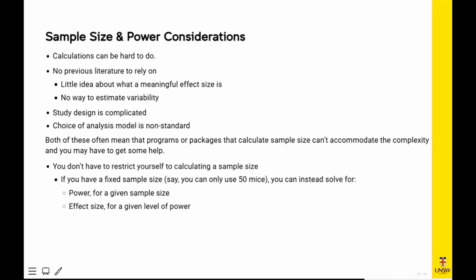You start with the sample size: what level of power would I have to detect my effect size? Or what effect size would I be able to detect with 90% power? So you don't have to restrict yourself only to calculating sample size. You can calculate power or the effect size that would be detectable with your given sample size.